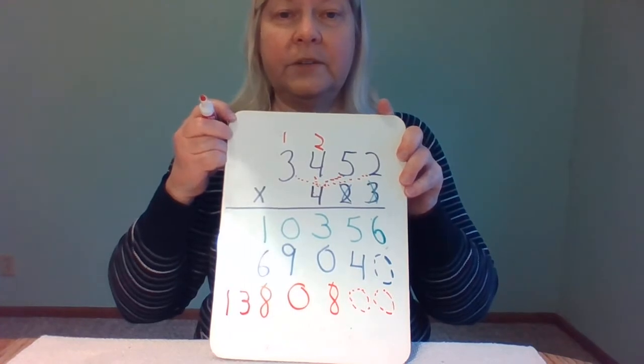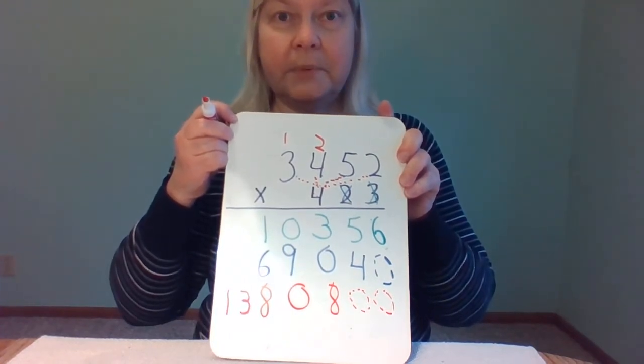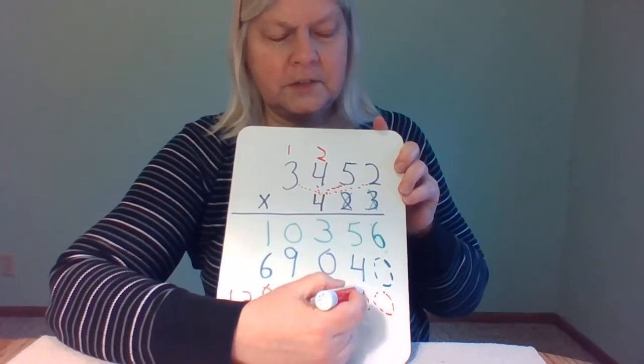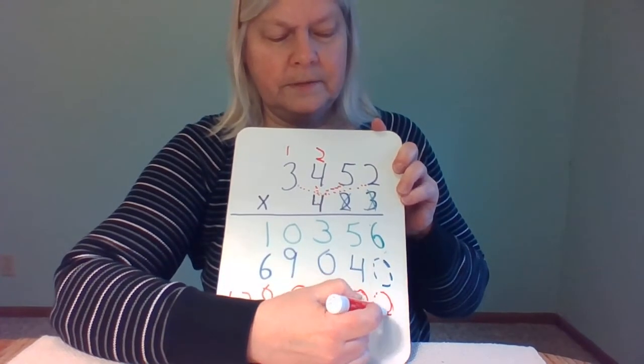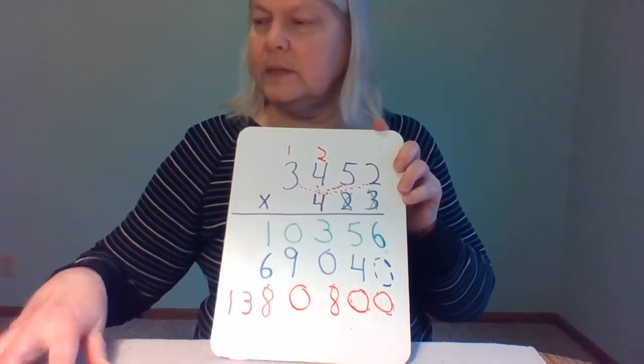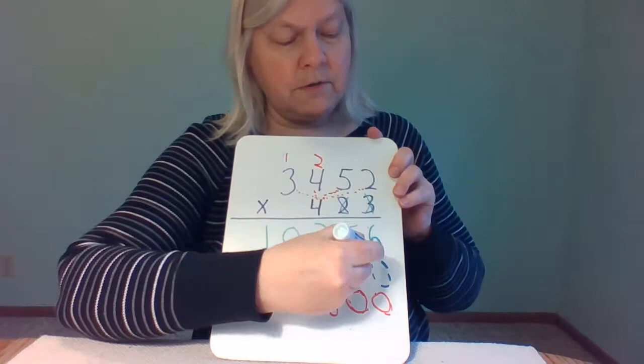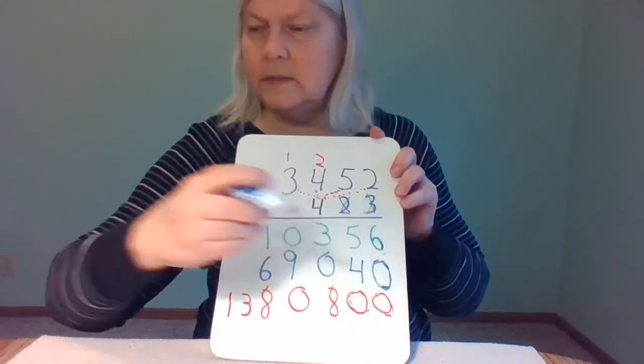Now, we are ready to take all of these partial products and put them together for a final product. Our special zeros become very real now. I'll fill them in. Blue pen to fill in my tens partial product special 0.